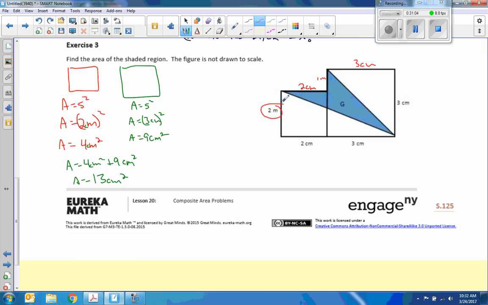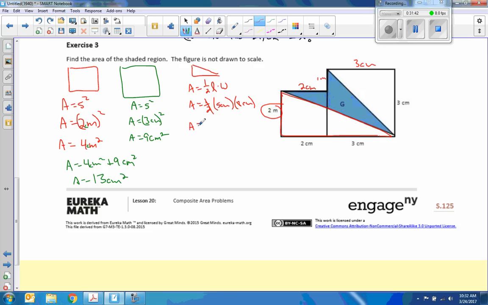So I have a triangle here, and I'll do the area of that triangle. Area equals 1/2 length times width. So area equals 1/2, 3 plus 2, 5 centimeters, times the height, 2 centimeters. 1/2 of 2 cancels.